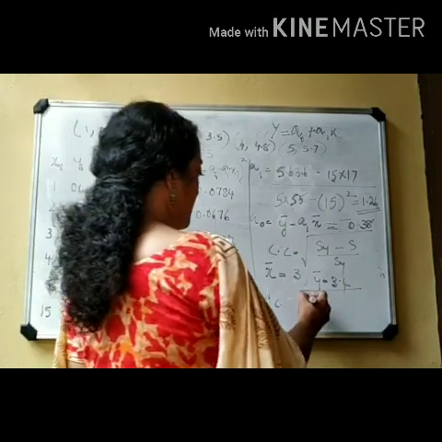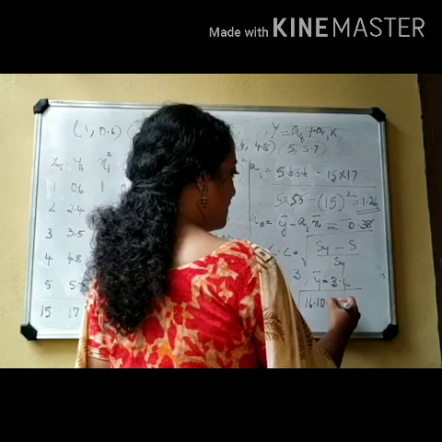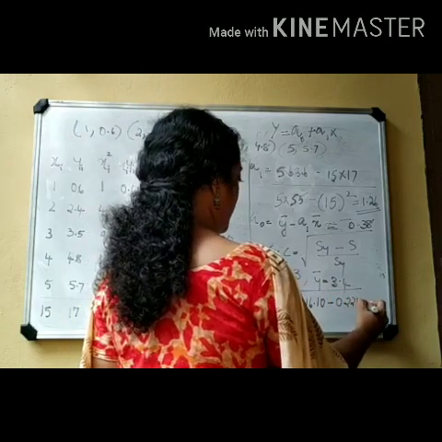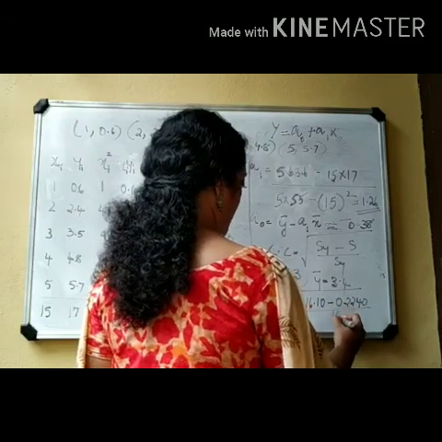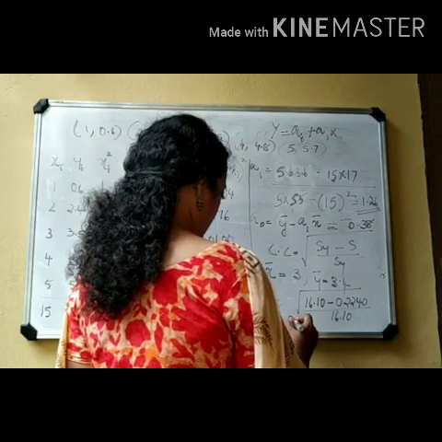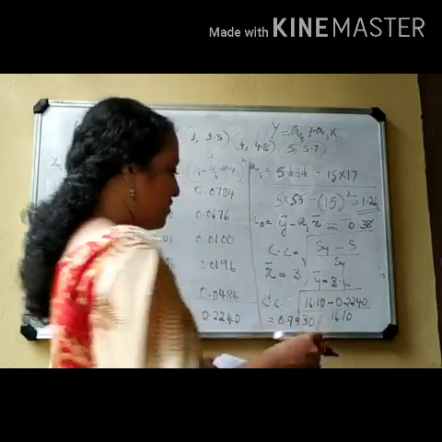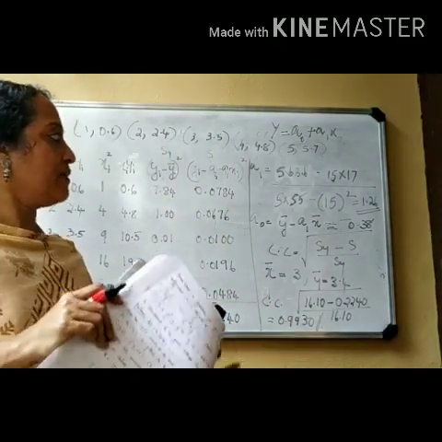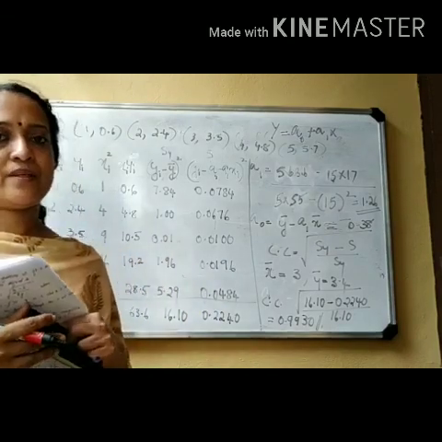Sy is 16.10 minus S, which is 0.2240, divided by 16.10, and its value is approximately 0.9930. So this is a very good fit, because this is approximately equal to 1. It's a best fit for the given data.